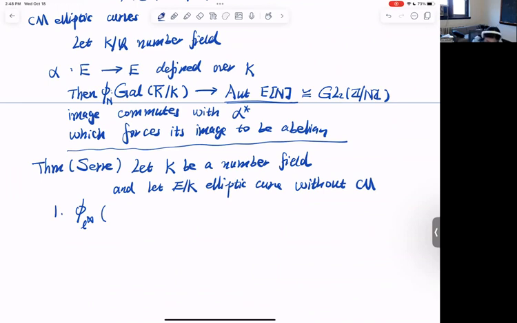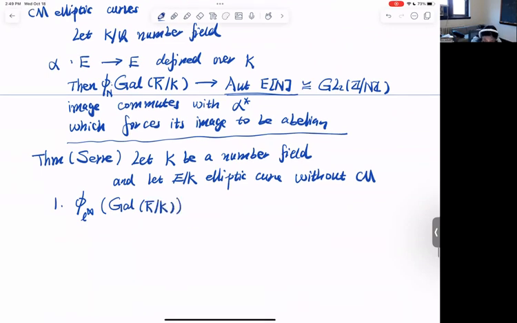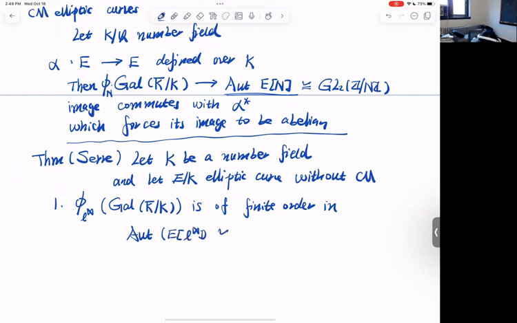I can take such an inverse limit, essentially consider how the absolute Galois group acts on the L infinity torsion, inside the automorphism of E L infinity. And this automorphism group is also literally just GL2 of Z_L.